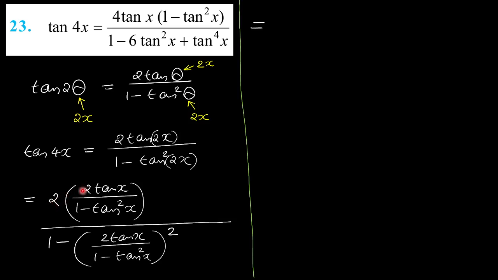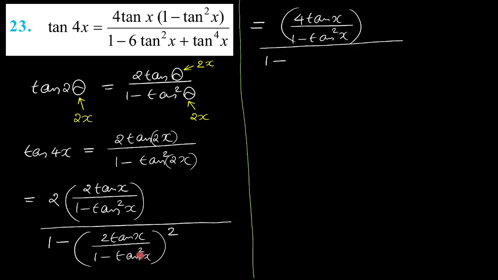Here 2 into 2 will be 4. In the numerator side, can I multiply 2 and 2? That 2 into 2, 4. 4 tan x divided by 1 minus tan square x. All divided by 1 minus. Here we have to square numerator and denominator.